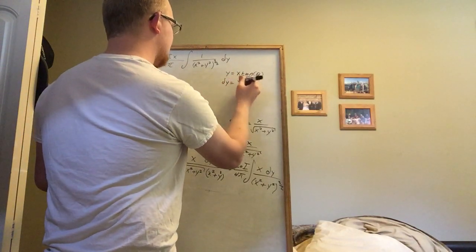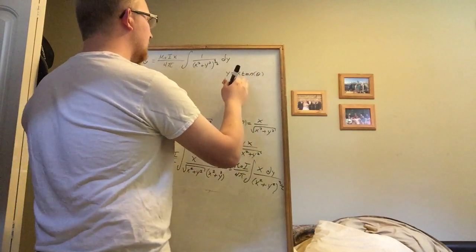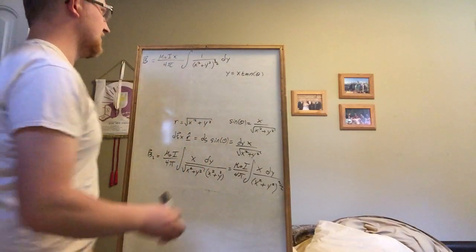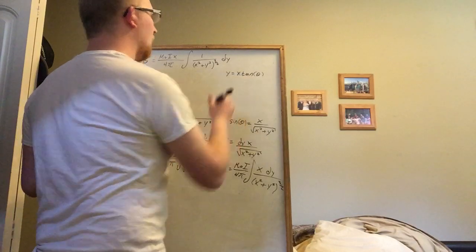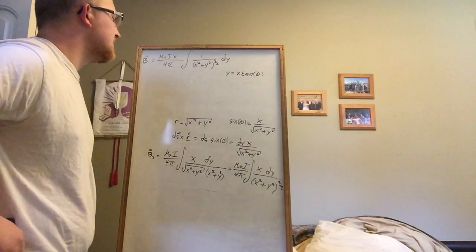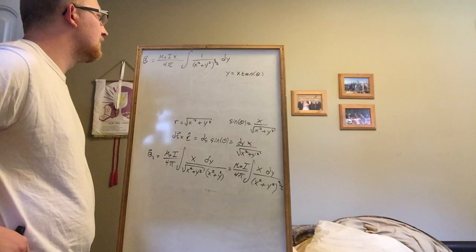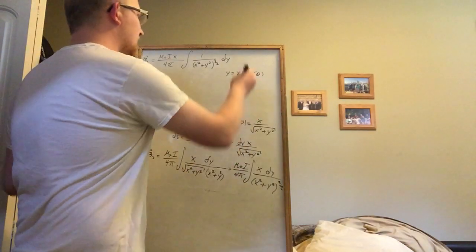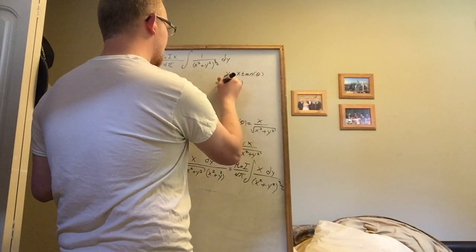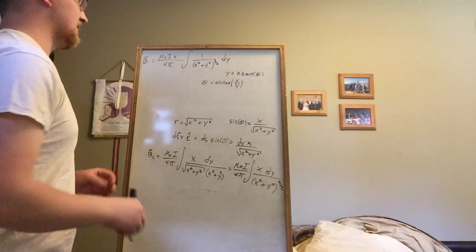So dy is going to equal, well, let's see here. Well, we do know that we can divide x over and take the arctan and show that the arctan of x over y is equal to theta.